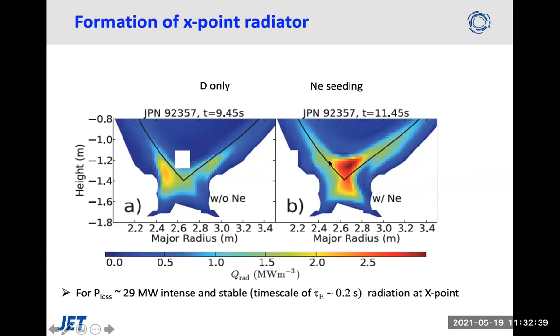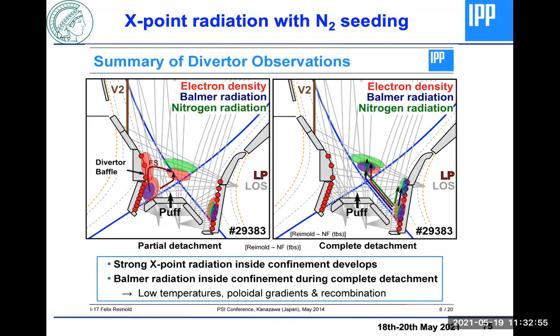So the requirement of radiating in this red region is fulfilled in the experiments. This idea of radiating this way can be achieved in current experiments. What we do not know is if this is extrapolable to a machine like DEMO.